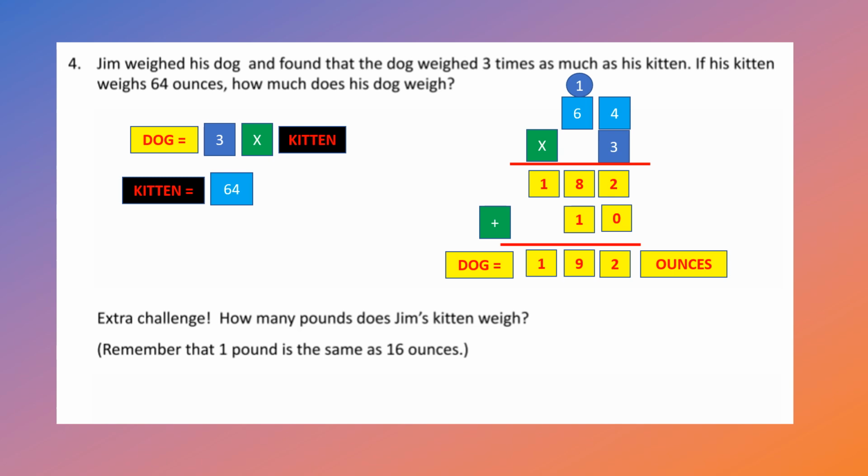So again, you take the weight of the kitten, which is 64 ounces, and you divide it by 16, and that would give you the weight in pounds. So go ahead and try that challenge. Now, as far as question number 4, if you need to pause your video to make sure the work on your paper matches my screen, go ahead and do so now.